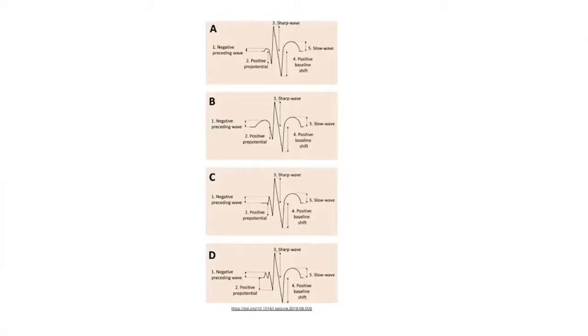This shape, which sometimes is called triphasic because of the 3 phases, is a marker of a discharge that is assembled from a large region and is indicative of something that's epileptiform. So I'm going to say epileptiform to point out that this shape has relationship to epilepsy, but it's not necessarily epilepsy. It's the shape of something epilepsy.